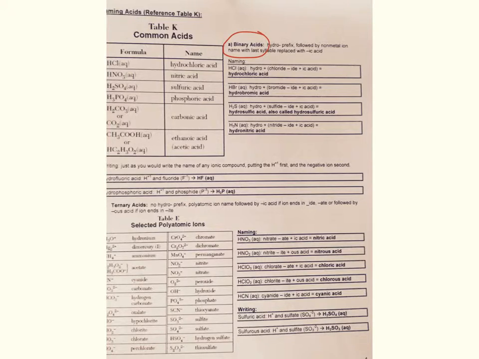Then you have what's called a ternary acid. A ternary acid is more than two different elements. These usually include a polyatomic. And I like to say that this sounds like a disease: ate-ic-itis. Meaning ate goes to ic and ite goes to ous.